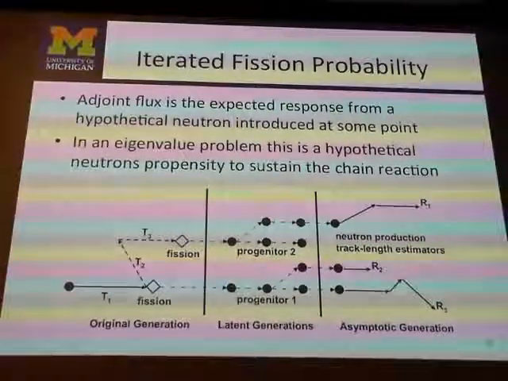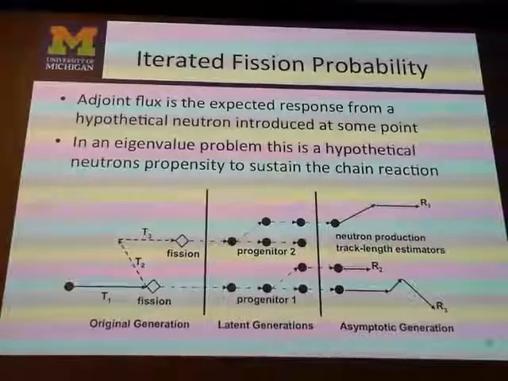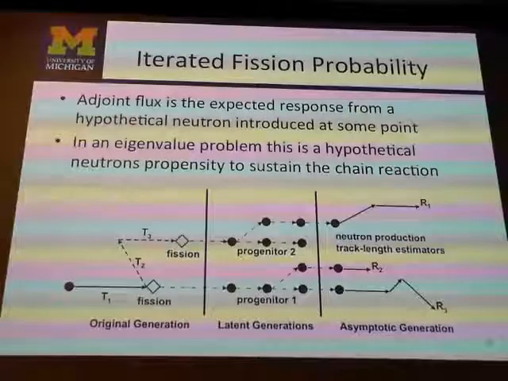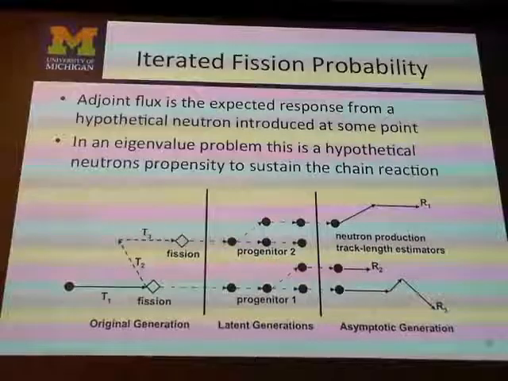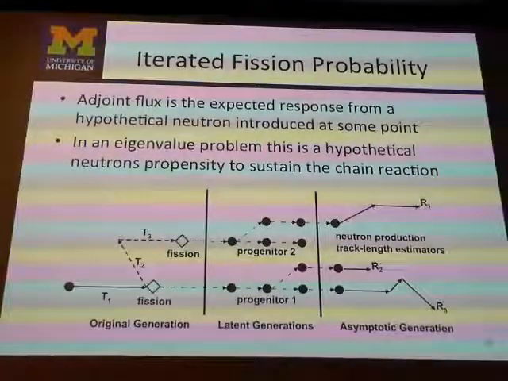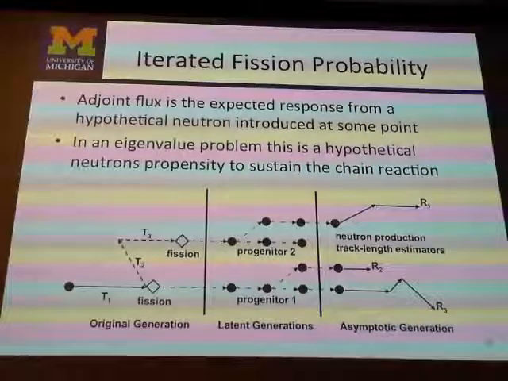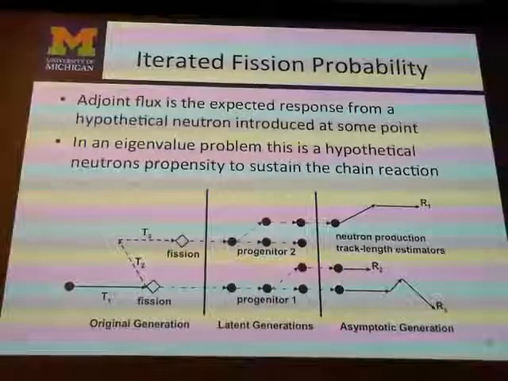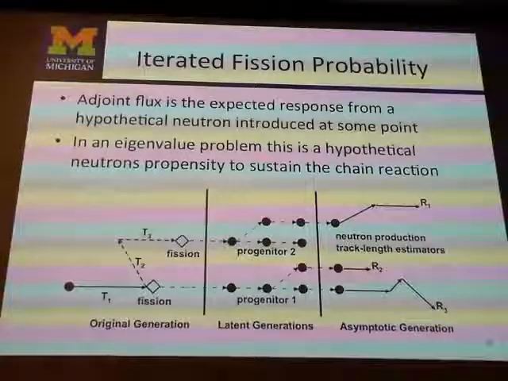Okay, so the adjoint function is the expected response for some hypothetical particle plunked into a system. Now, when we're in a reactor, an eigenvalue problem, or a critical system, you can think of this as follows. We have a nice critical assembly right here. I sweep out all the neutrons, and I have a bin of neutrons right here. I take one and plunk it in the reactor at a specific point in space, and give it a kick in energy in a specific direction.